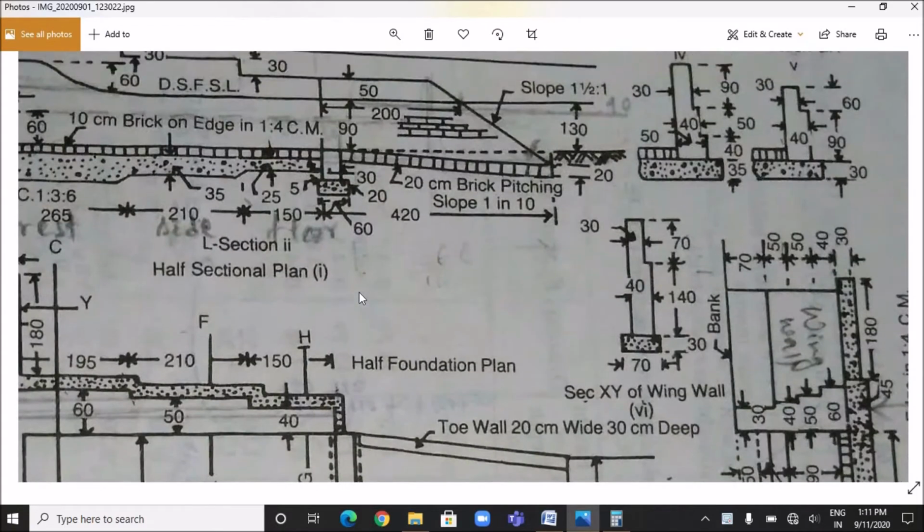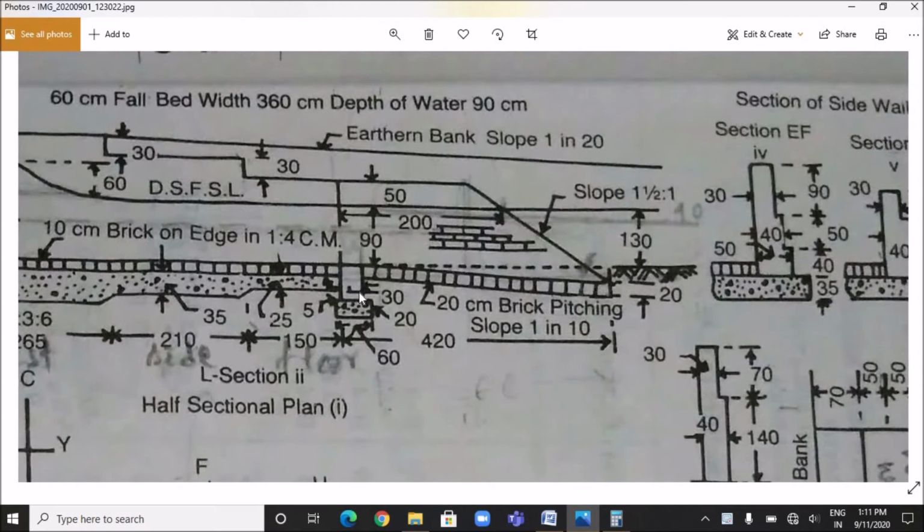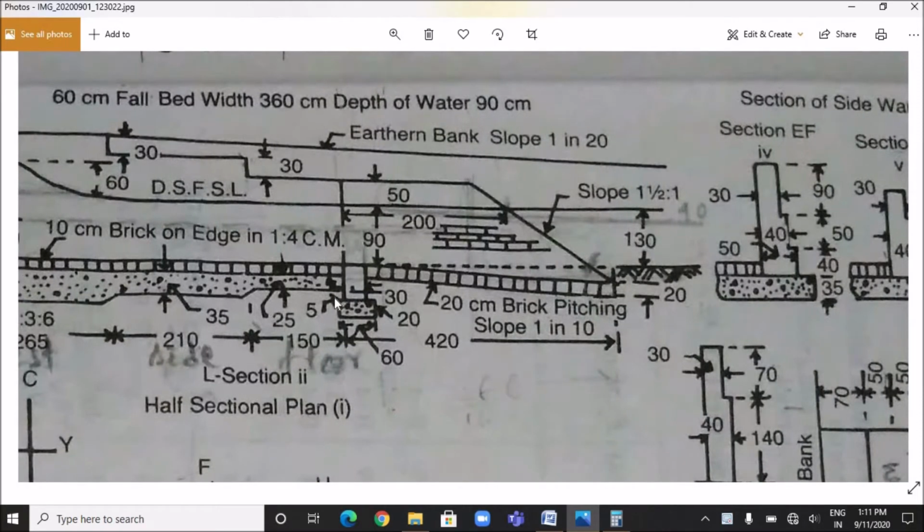And if you see the longitudinal section over here, you can see that the brickwork is done from this point to this point, which is having a depth of, this is 10 centimeter, this is 25 centimeter, and this is 5 centimeter. So 10 plus 25 plus 5, which is equals to 40 centimeter or 0.4 meter.